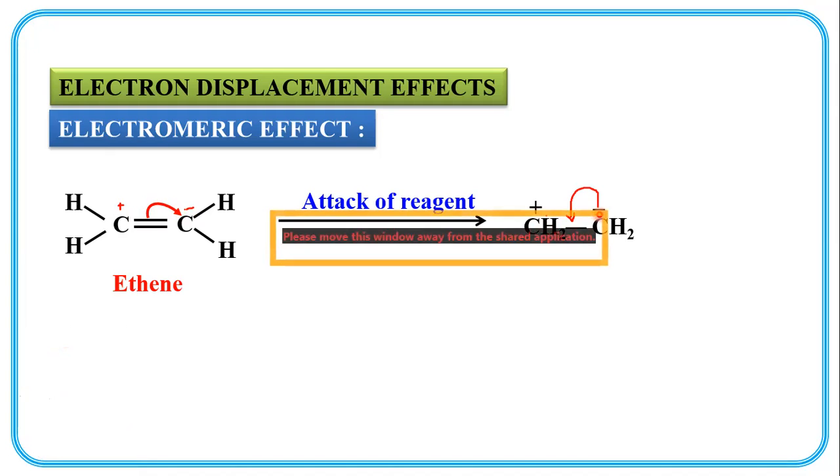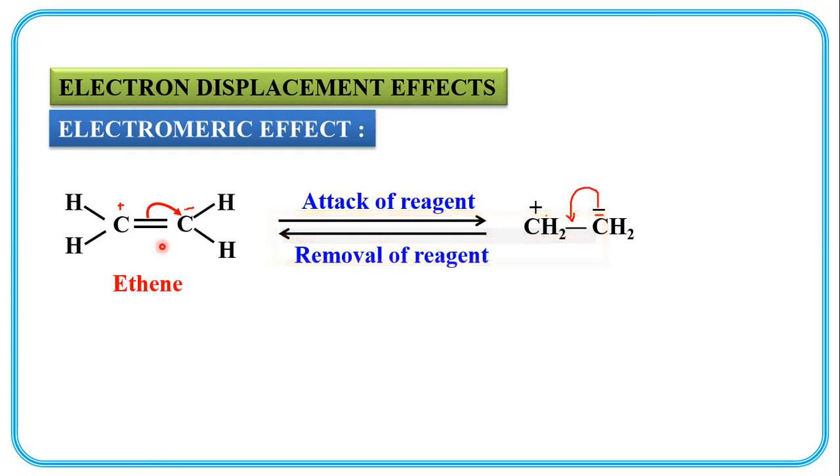As long as the attacking reagent is present; if the attacking reagent is removed, then this electron pair attacks here to stabilize the positive charge, and we get the ethene molecule again. Inductive effect and electromeric effect.